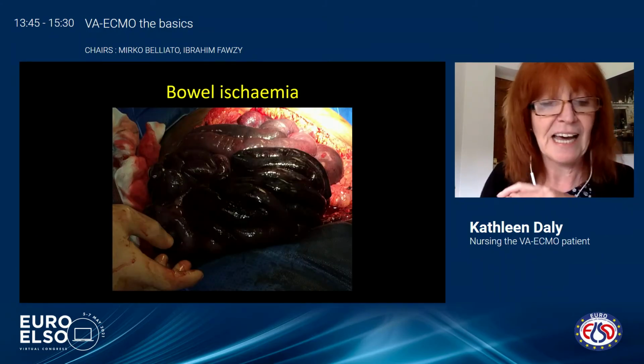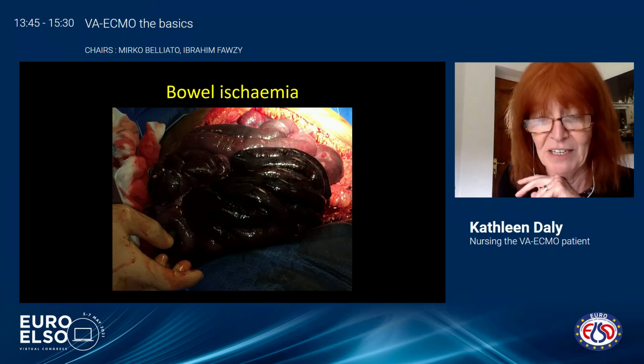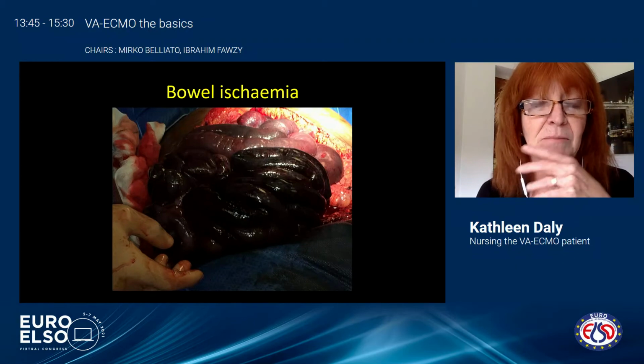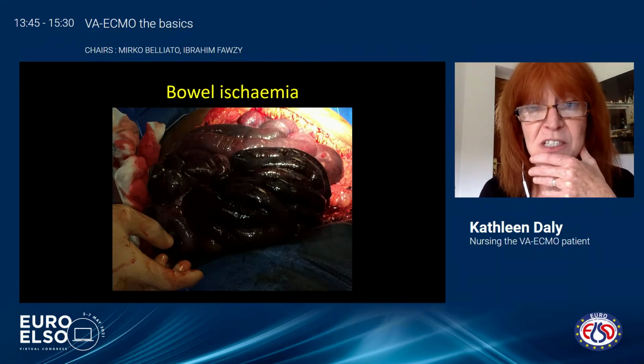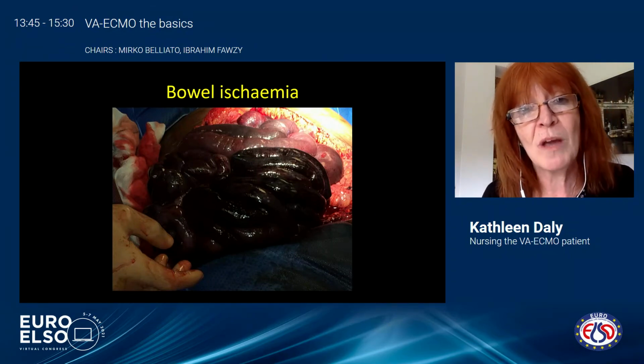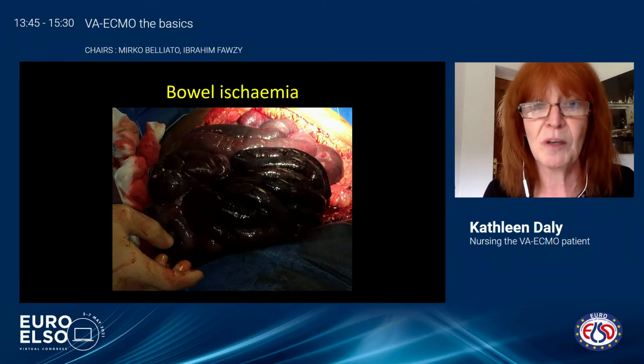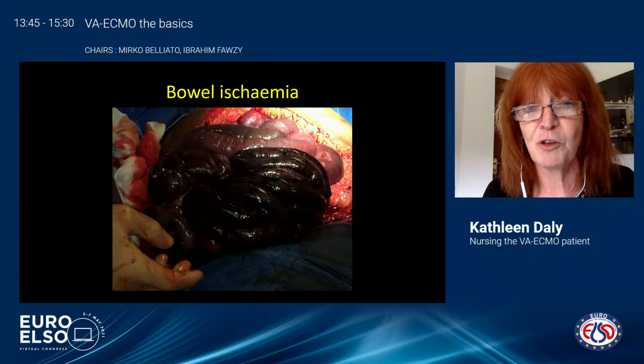And finally, just a mention about bowel ischemia. Bowel ischemia is a problem in VA ECMO because of the low cardiac output states. So as the ECMO nurse, we've got to be monitoring for this, which is why we target our post-membrane blood gas, the PaO2, of greater than 15 to 20 kilopascals to ensure adequate perfusion to the gut.